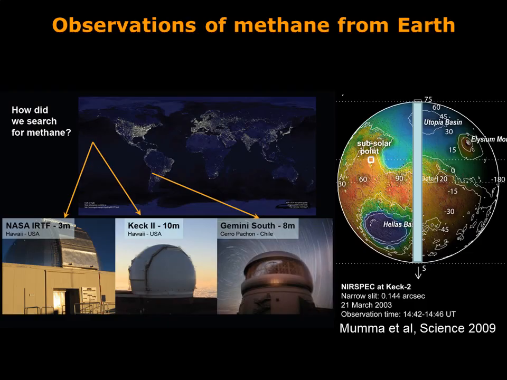From Earth, methane can be observed using large telescopes associated to very sensitive and high-resolution spectrometers situated, for example, in Hawaii or in Chile. The idea is to take spectra corresponding to the different positions of the projected slit on Mars. By the natural rotation of the planet, different observations will be used to map the planet.